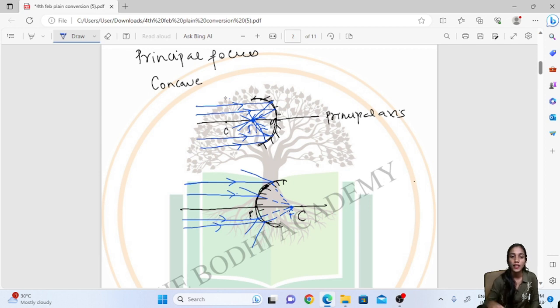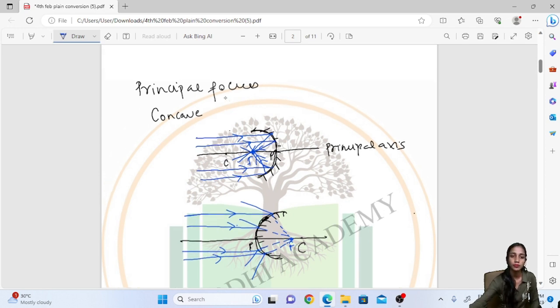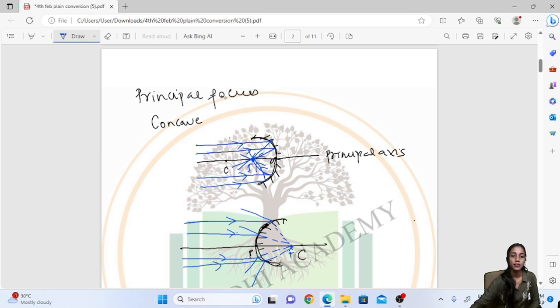So we say that the concave mirror is a converging mirror, and the convex mirror is a diverging mirror.